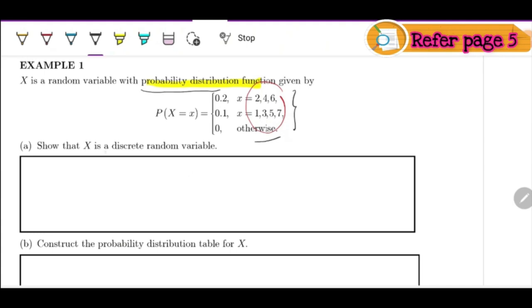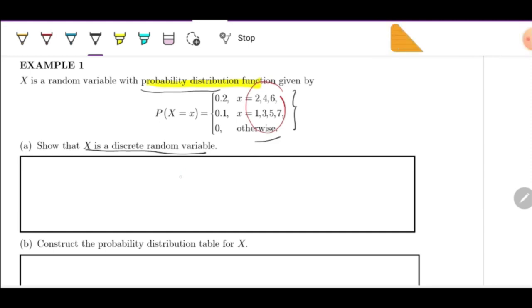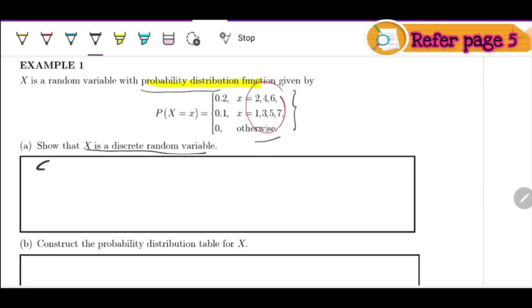A. Show that X is a discrete random variable. So remember the important condition that I have mentioned in the previous video, which is the sum of the probabilities must equal 1.